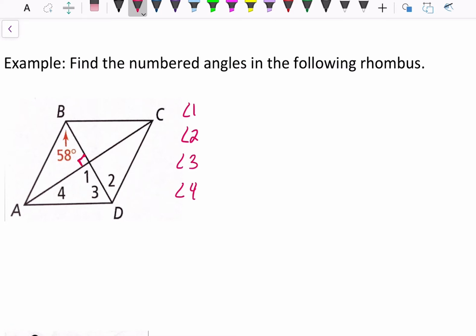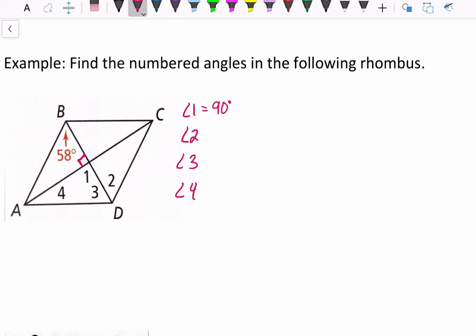So if they are perpendicular, we know that these four angles in the middle where the diagonals meet are all 90 degrees. So that means that angle 1 is 90 degrees. We know that from our theorem.